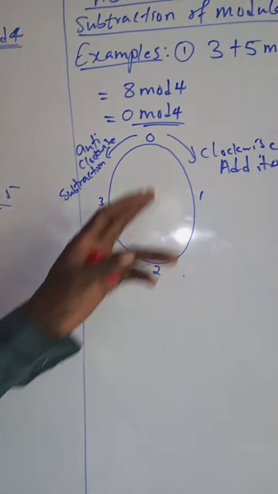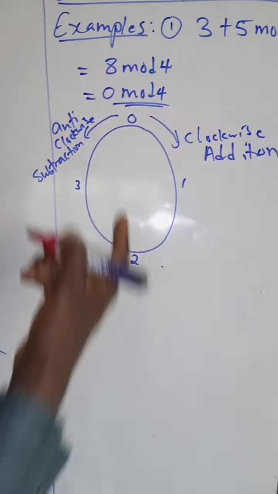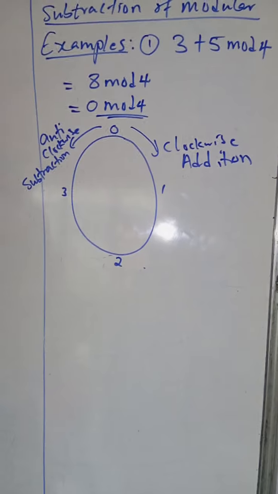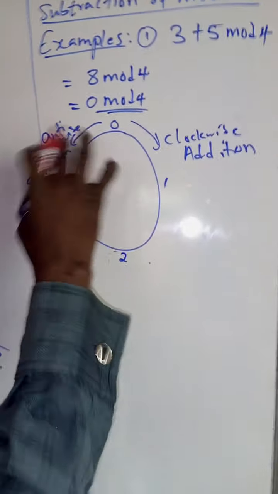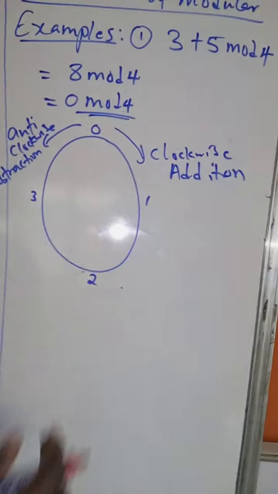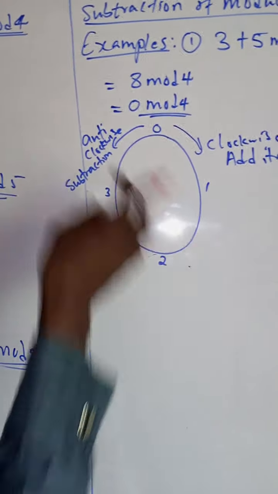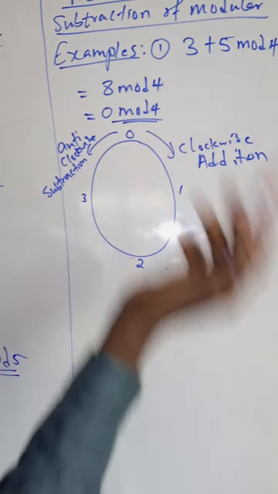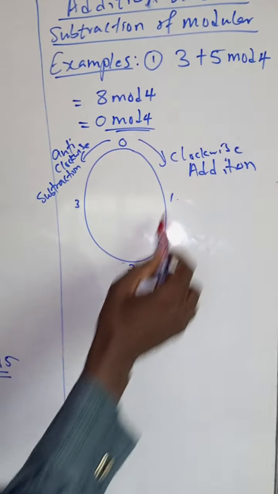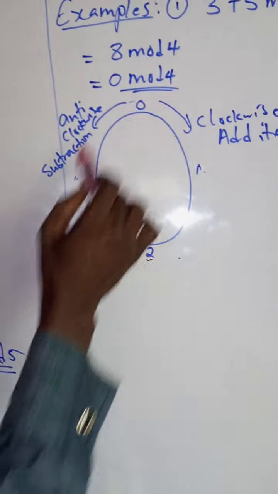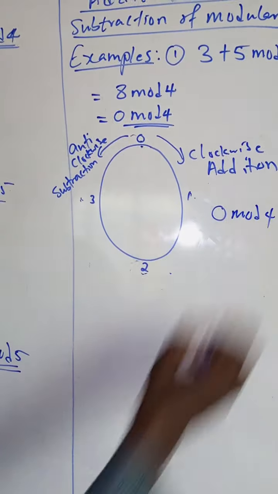So let's note it. When you are counting clockwise, it is addition, and when you are counting anti-clockwise, it is subtraction under the clock system. So you could use the clock system or the other system. Now if you add this, 8. Since this is a mod 4 clock, I'll move 8 times clockwise, that's addition: 1, 2, 3, 4, 5, 6, 7, 8. You see, I stop at 0. So this is still 0 mod 4.